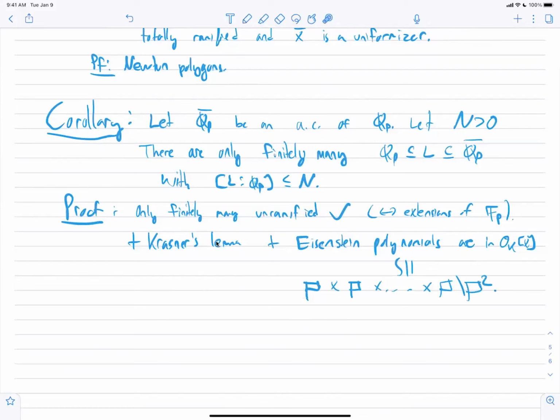So this is the coefficient of x^(n-1), the coefficient of x^(n-2), and so on, all the way up to the constant coefficient. And you can check this is compact.